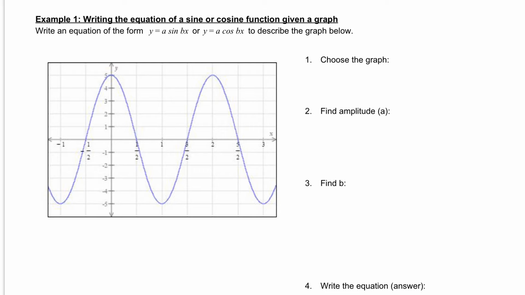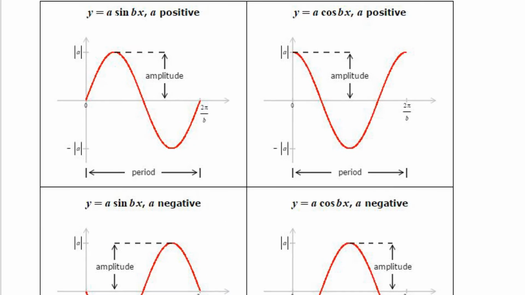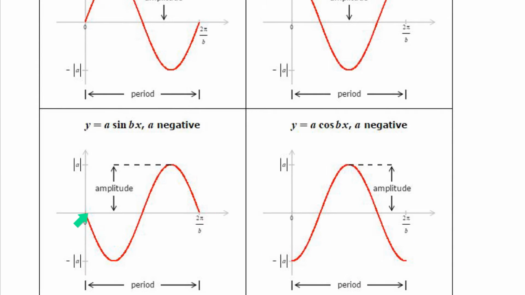So first thing that we have to do when we're looking at our graphs is we need to choose what graph we're going to deal with. Are we dealing with sine or are we dealing with cosine? If we take a look right here, since we're not shifting anything up or down, our graph is starting up. If we take a look at the first page of our sine and our cosine graphs, notice the sine of a sine bx starts at 0, 0, whether it's positive or whether it's negative.